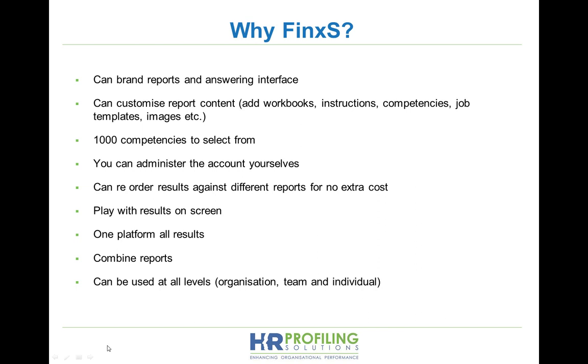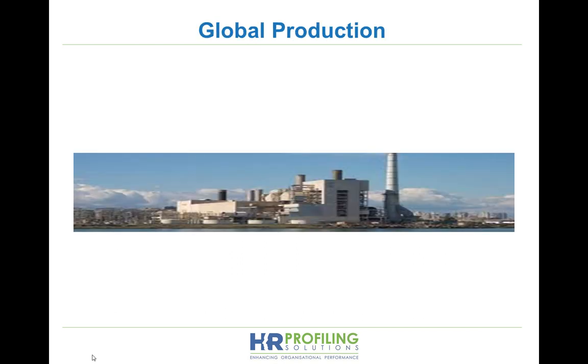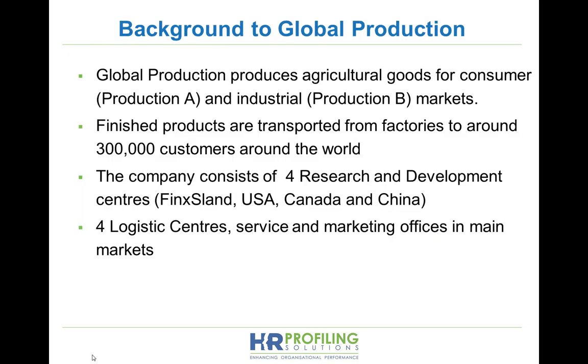Fantastic. So what we're going to move on to now is a case study known as global production. So let me introduce you to global production. Here it is, and I will give you a bit of background. Global production produces agricultural goods for both consumer and industrial markets.